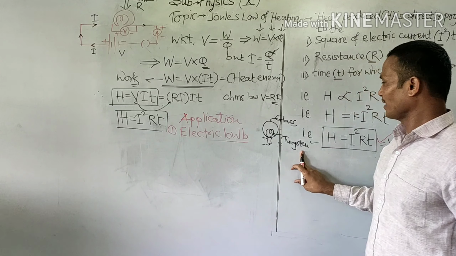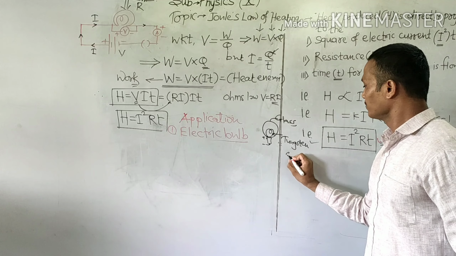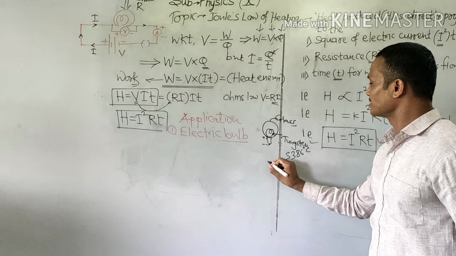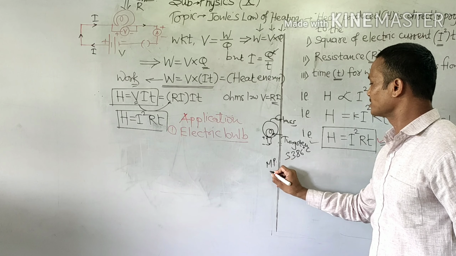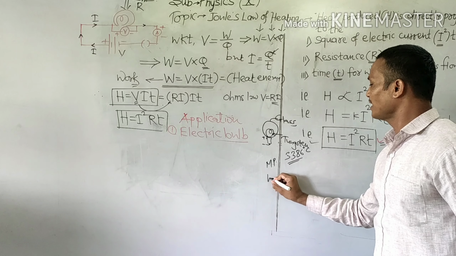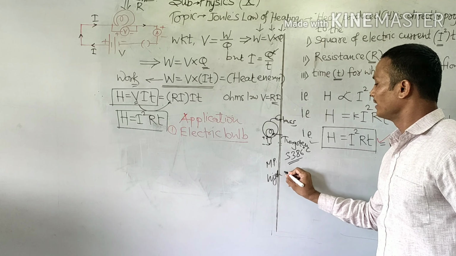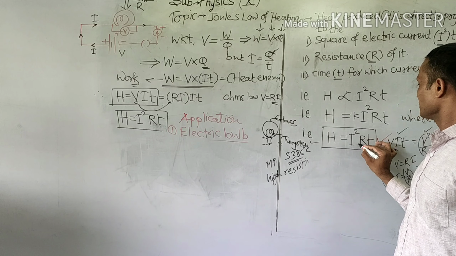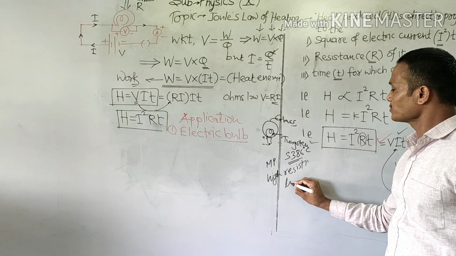This tungsten has a very high melting point, 3386 degrees Celsius, and it has very high resistivity, and this resistivity creates lots of heat.